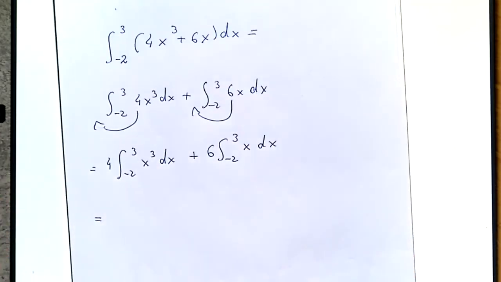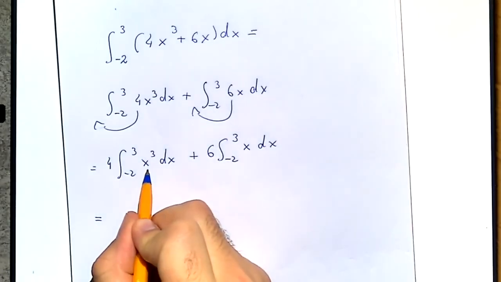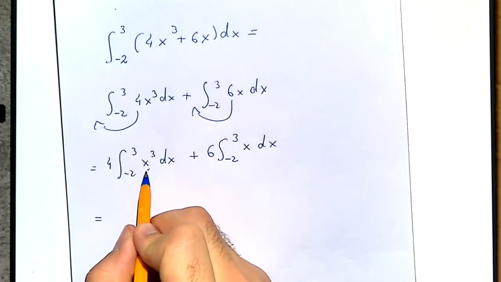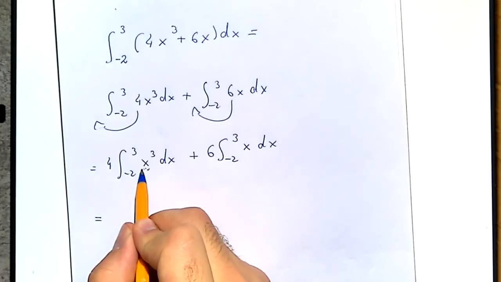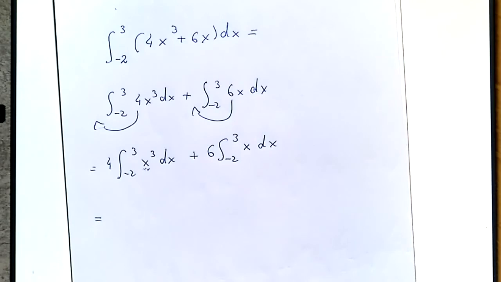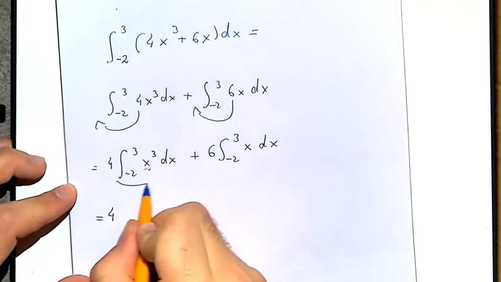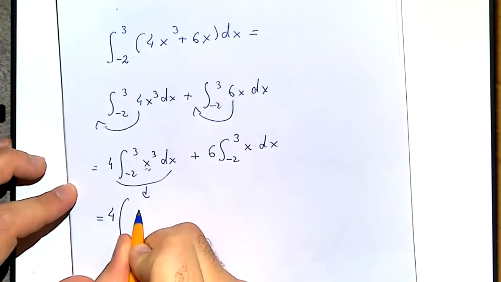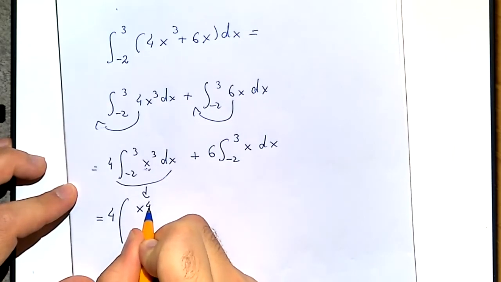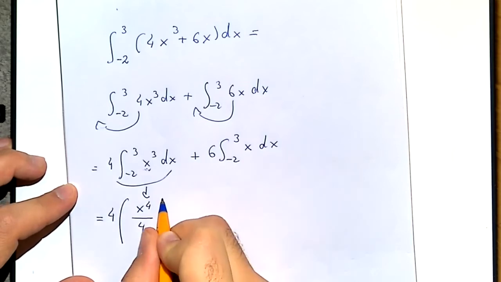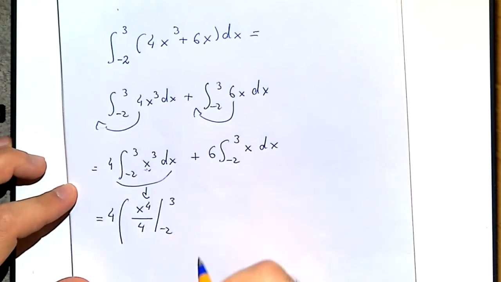And this is equal to, okay, what is the antiderivative of x to the third? It's x to the 4th over 4. So this is x to the 4th over 4 from -2 to 3.